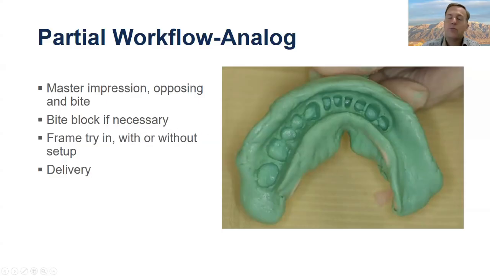If you have a class 1 or class 2 with a big saddle, a lot of times those are going to be difficult to articulate. So your laboratory may need to do a bite appointment for you. If you're doing some of the flexibles or things that don't have a frame, you'd be going to delivery at the 3rd appointment.